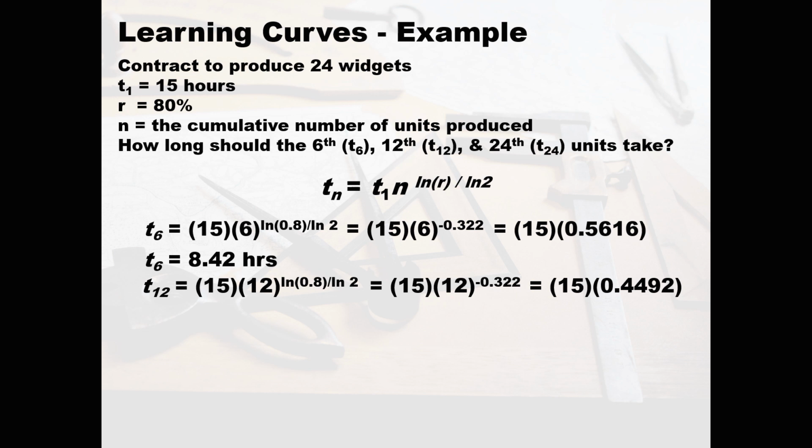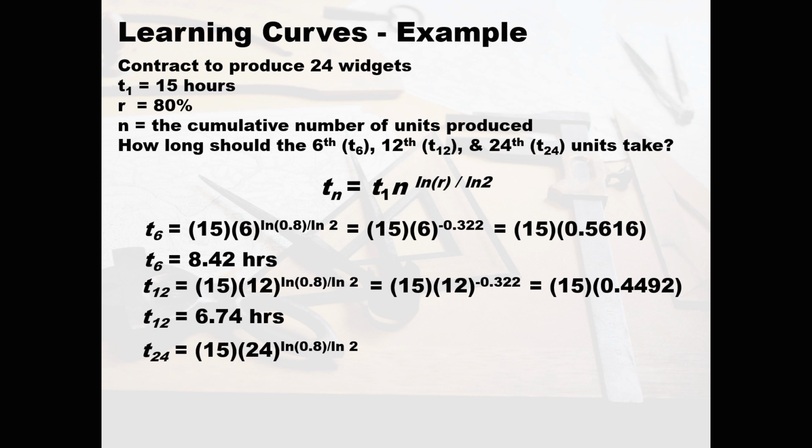It went from 0.5616 to 0.4492. So our time is actually going to go down. The average time at T12 is going to be 6.74.